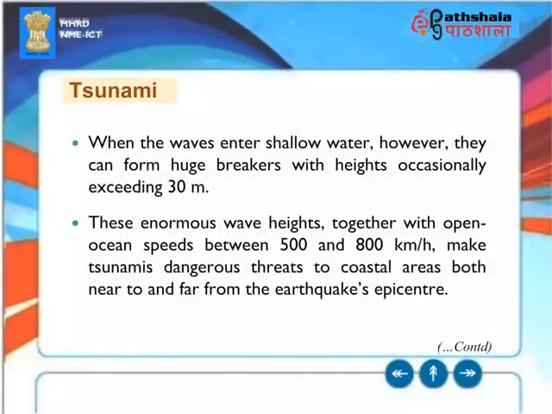When the waves enter shallow water, however, they can form huge breakers with heights occasionally exceeding 30 meters. These enormous wave heights, together with open ocean speeds between 500 and 800 kilometers per hour, make tsunamis dangerous threats to coastal areas, both near to and far from the earthquake's epicenter.